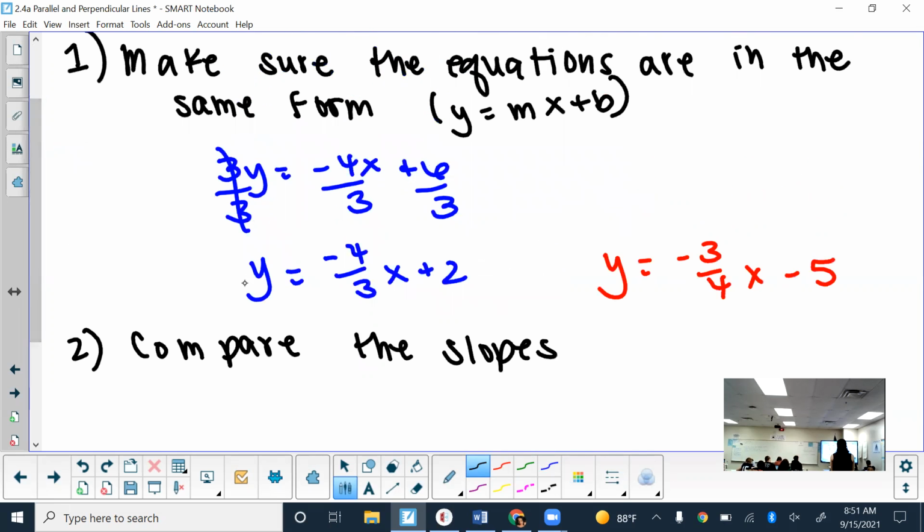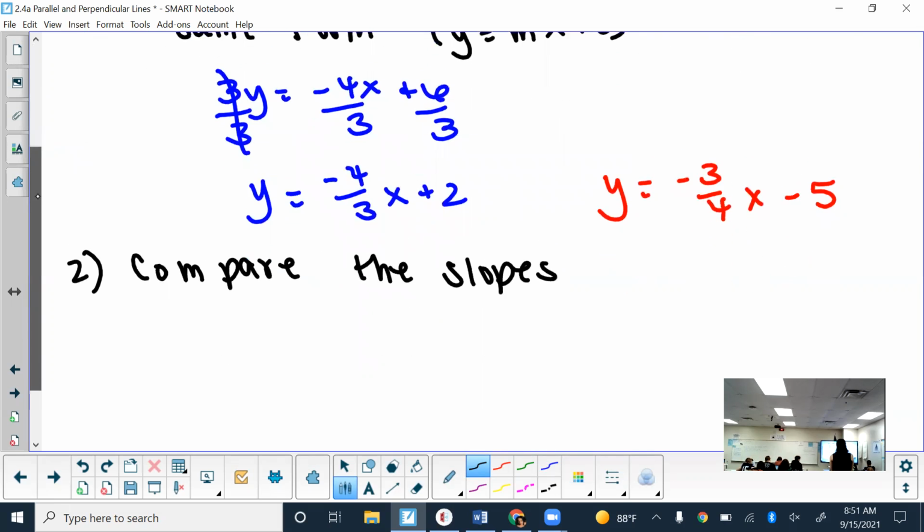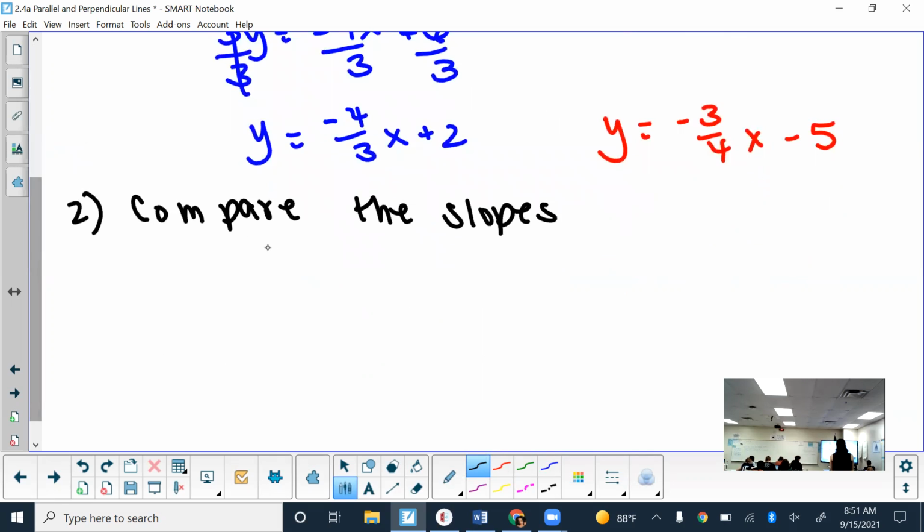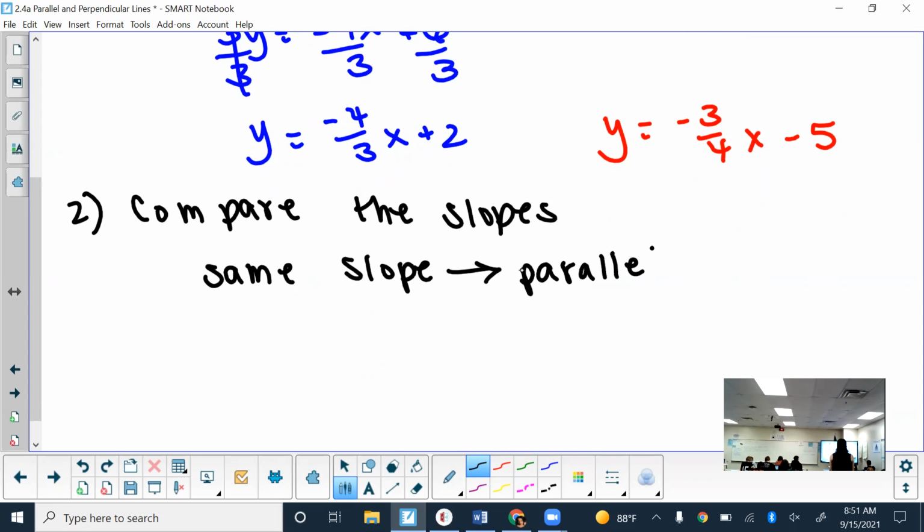If they have the same slope, what does that mean? That they are parallel. If the slopes are negative reciprocals, and I'm just going to abbreviate it, if they're negative reciprocals of each other, what are they then?